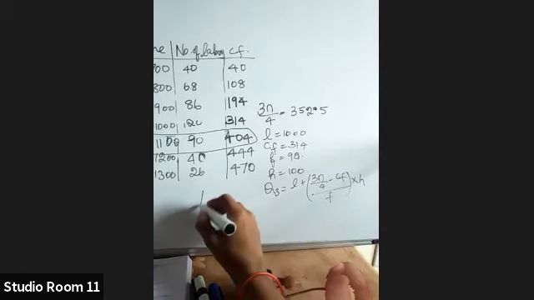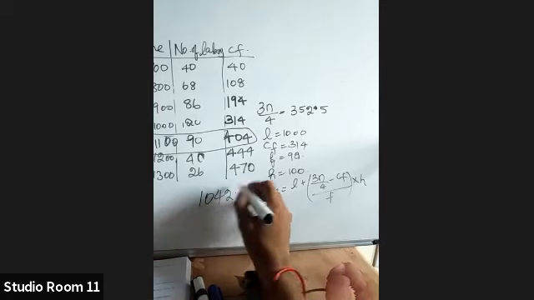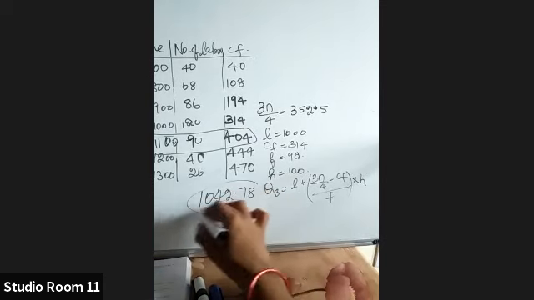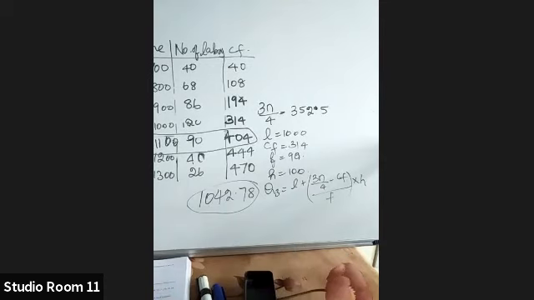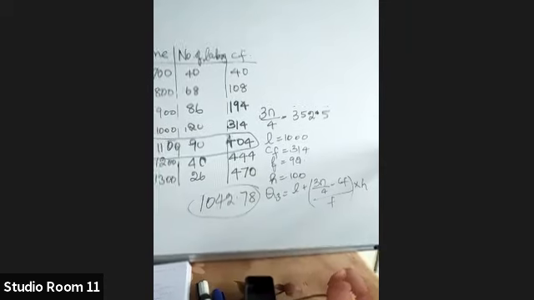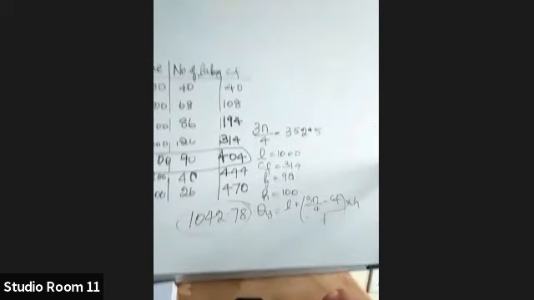You should get 1042.78 something. Around 1042 you should get. Are you getting like this?